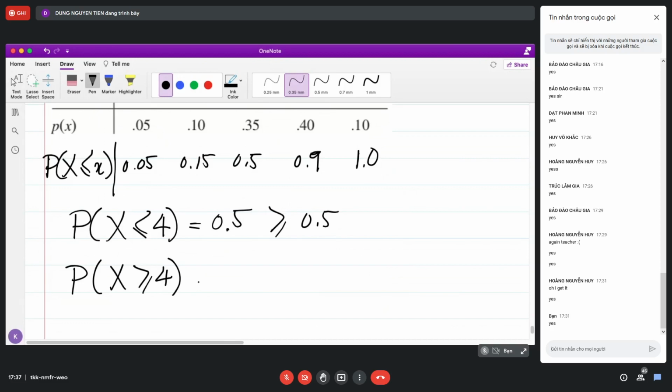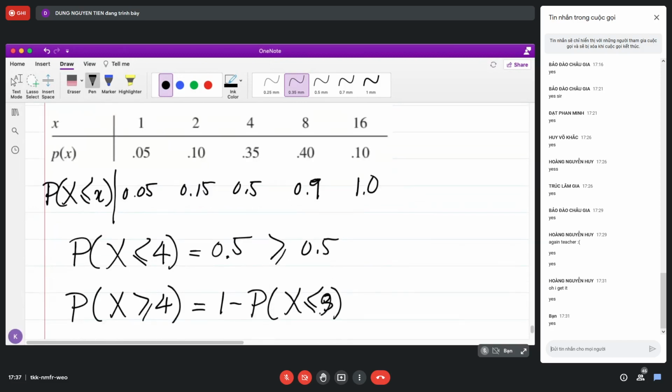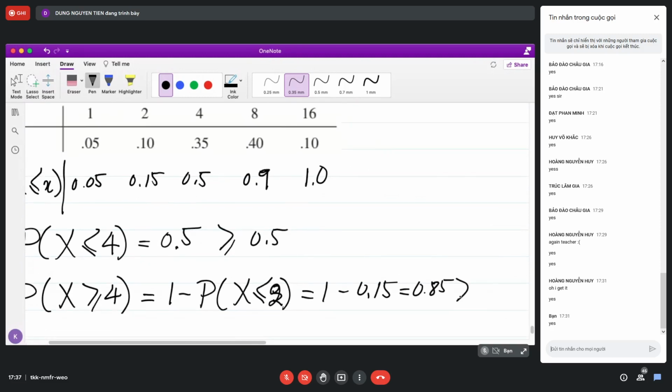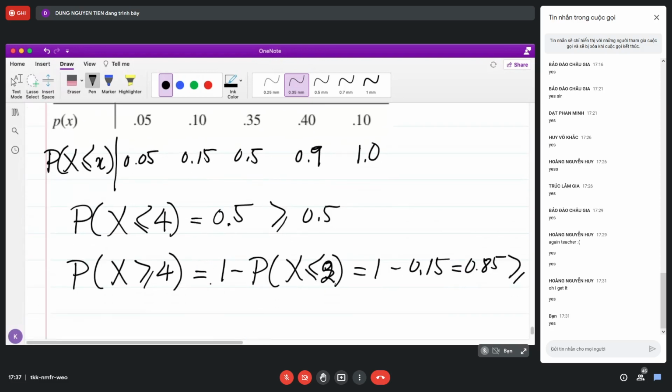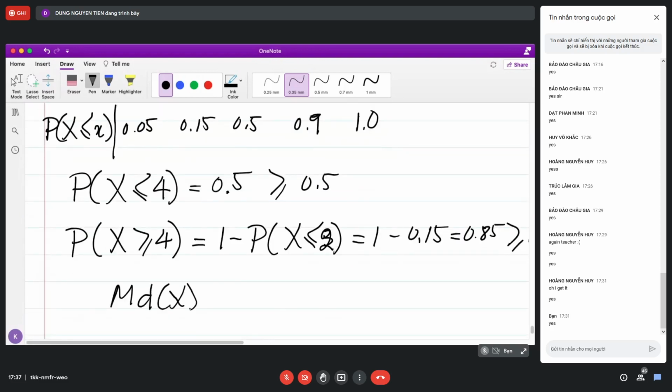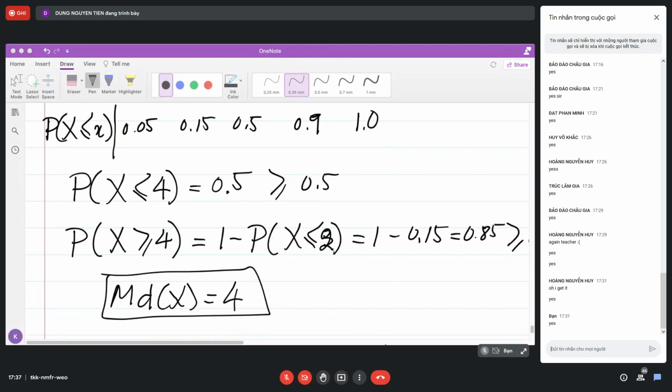It is 1 minus the probability that X is less than or equal to 3, and you get 1 minus 0.15, and that is 0.85, greater than or equal to 0.5 as well. So the median of X is 4. Is that clear?